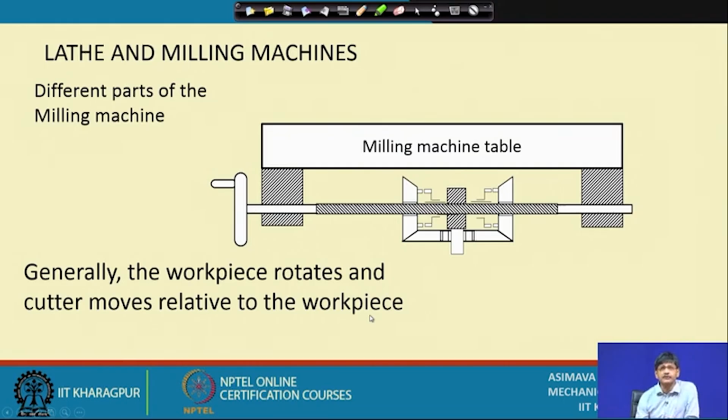This is a possible configuration of what is going on inside. First of all, let us locate that nut that we were talking about.